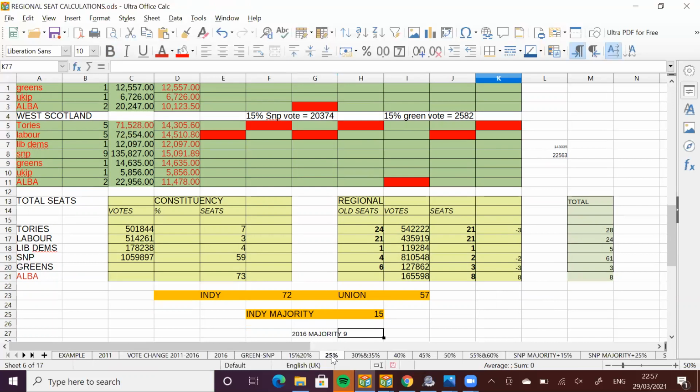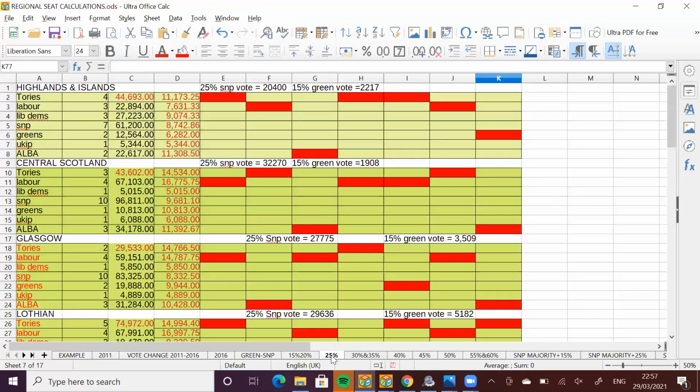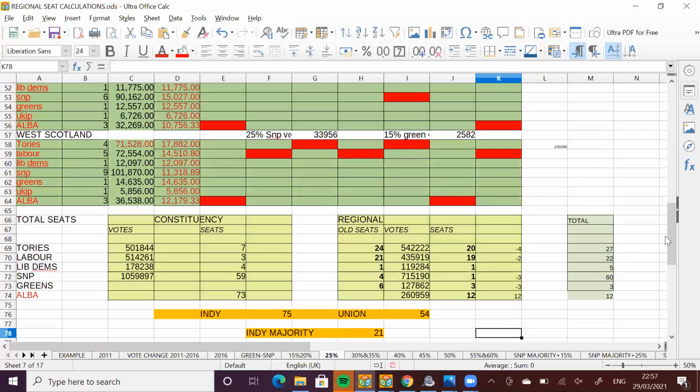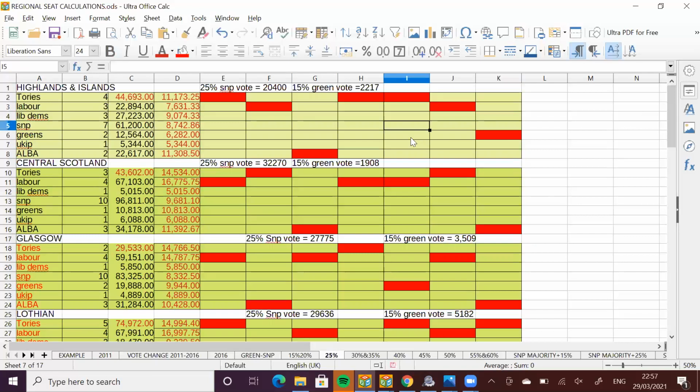Then if we go to 25%, again, I'll go down the regions slowly so you can have a look at them all. Nothing much changes in the Highlands.